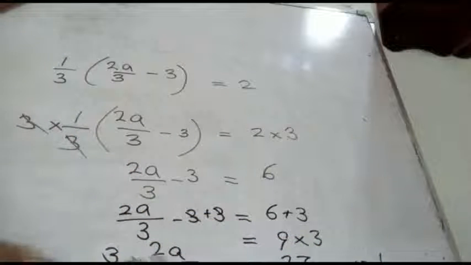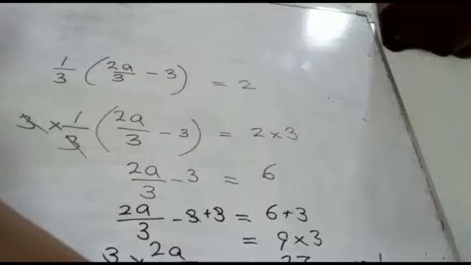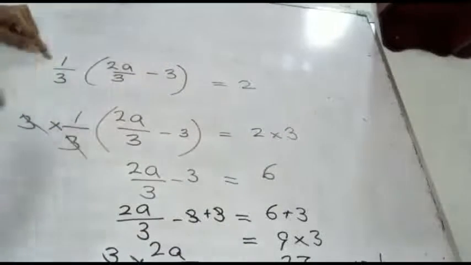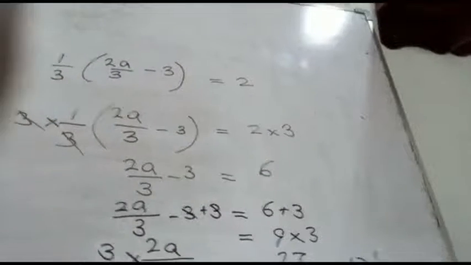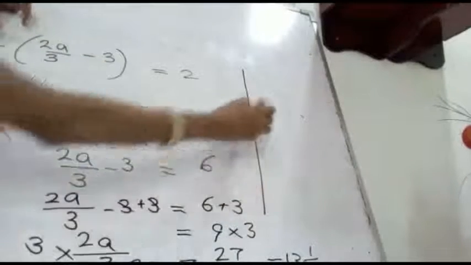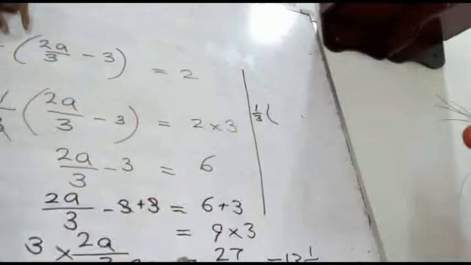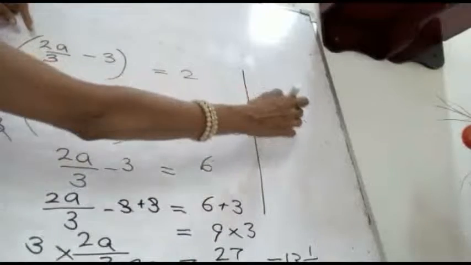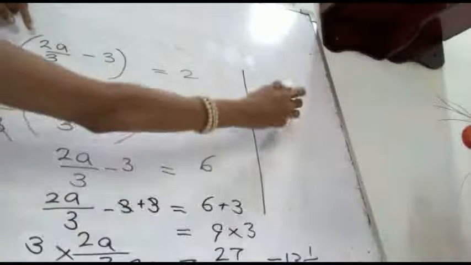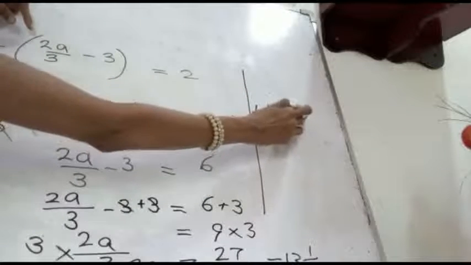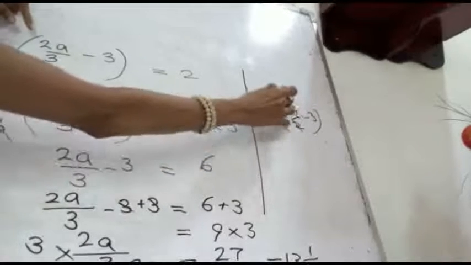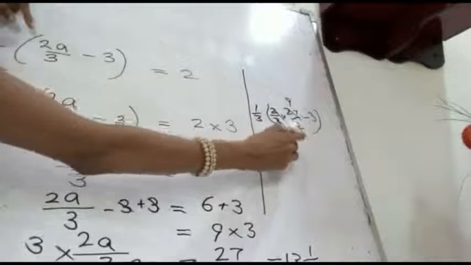We can check the answer when we substitute 27/2 for a. Left hand side is 1/3 of (2a/3 − 3), where a is 27/2. 2/3 times 27/2, subtract 3. 2 and 2 cancel out. 3 times 9, 9 subtract 3 is equal to 6.